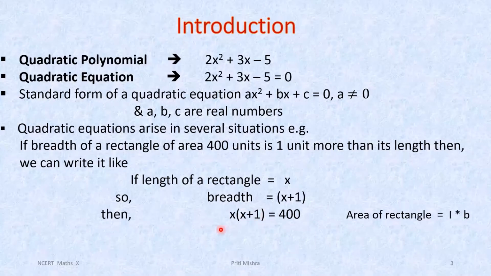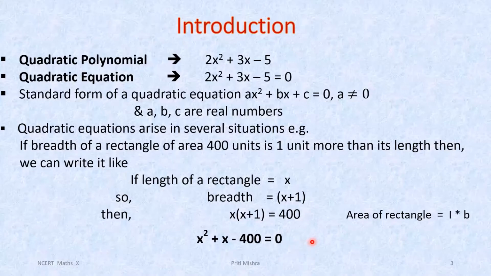So it will be x square plus x minus 400 is equal to 0. This is a quadratic equation. Now you can compare easily. It's like ax square plus bx plus c is equal to 0, where a is 1, b is 1, and c is minus 400.